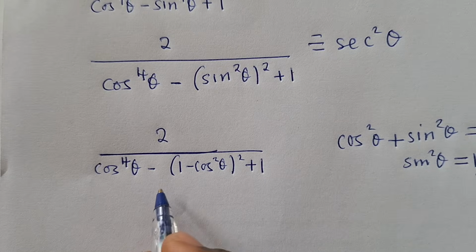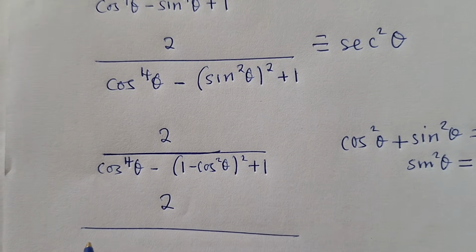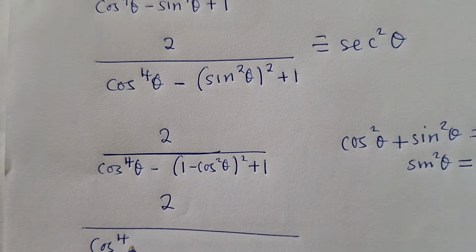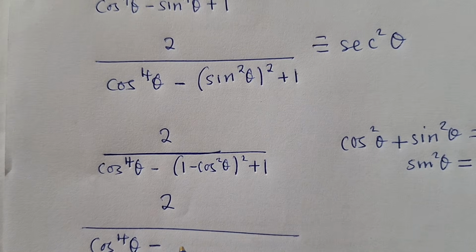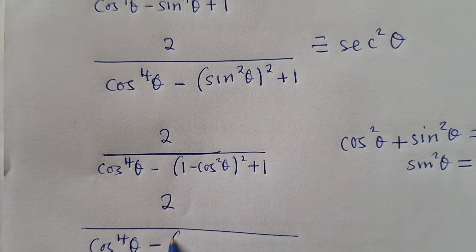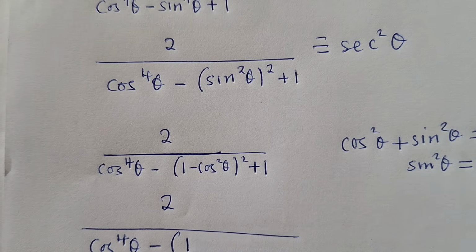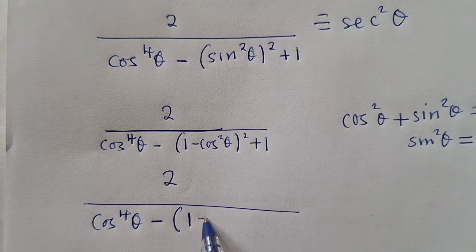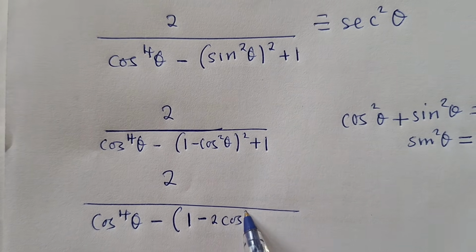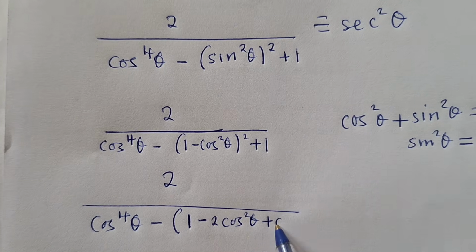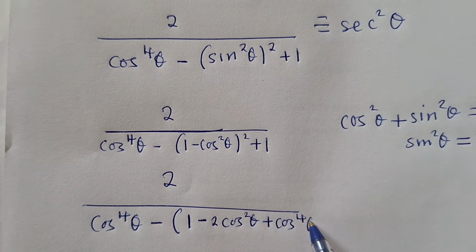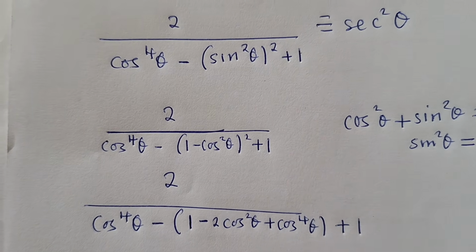So from here we can say 2 over cos power 4 theta minus. We now distribute this by itself. We're going to get 1 minus 2 cos squared theta plus cos power 4 theta, plus 1, okay.